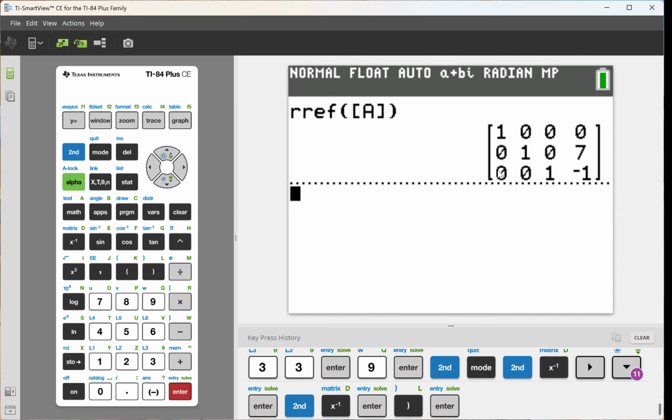So what we have here is the reduced row echelon form matrix. And what's great about this is that the fourth column is our solution. So x is 0, y is 7, and z is -1. Now I'm going to write that on my paper that I'm going to turn in, that this is my reduced row echelon form matrix.